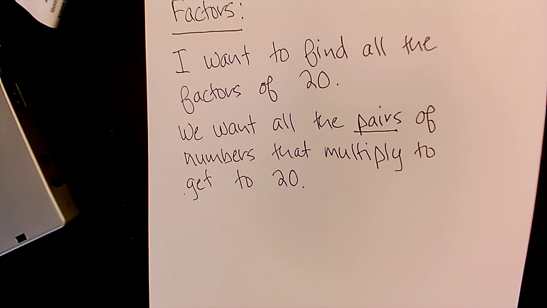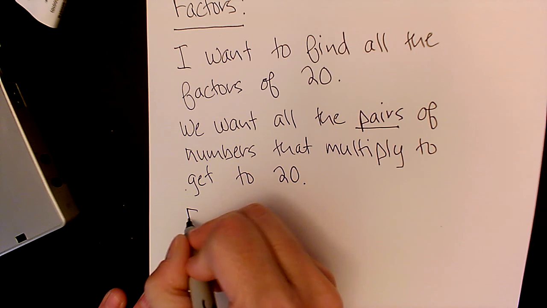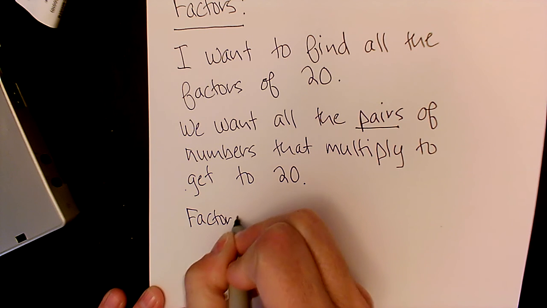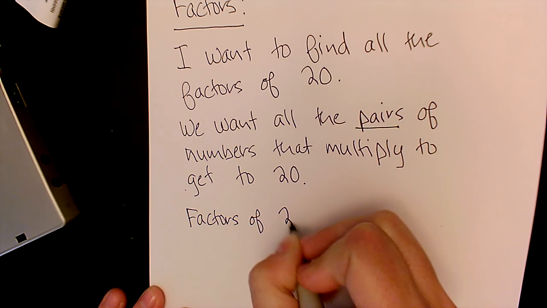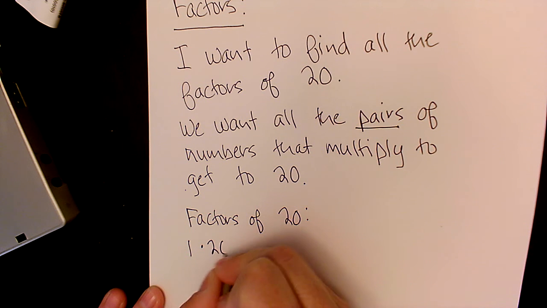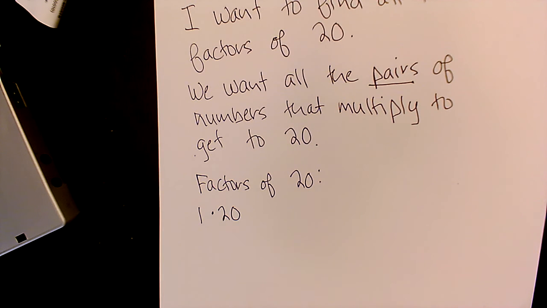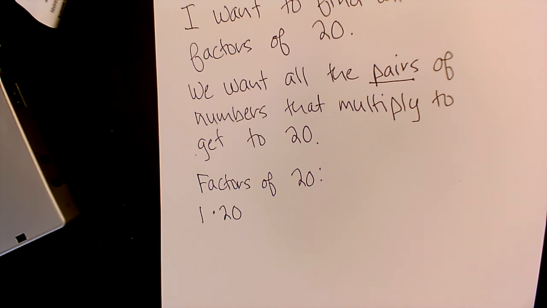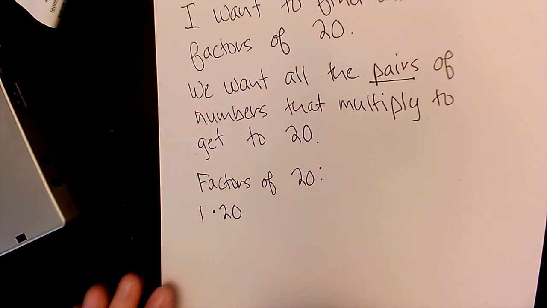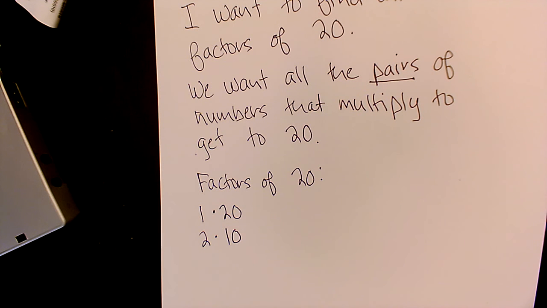And you do need to include 1. So that's always the first one I do. So 1 times 20. Now, yes, 2 can go in. 2 times 10 is 20.